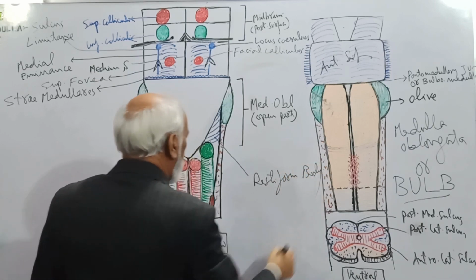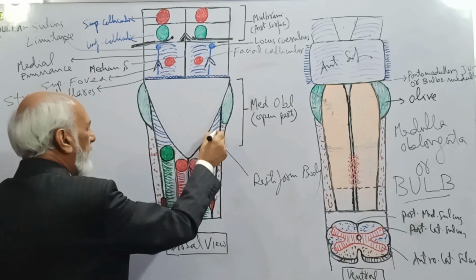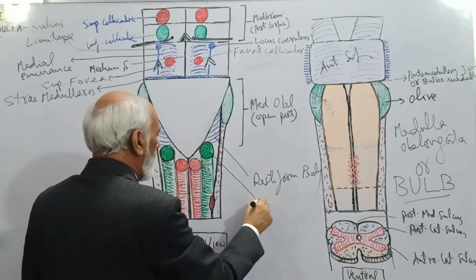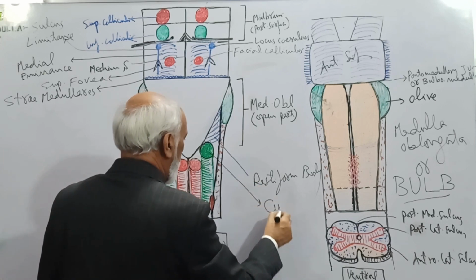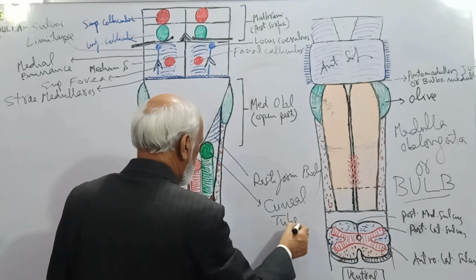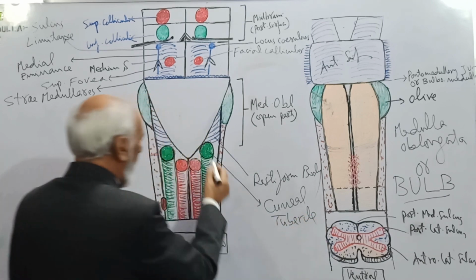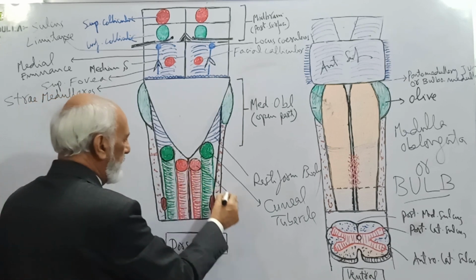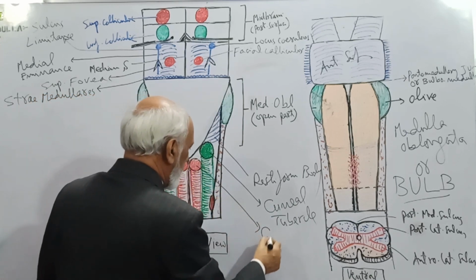It is the other name for the inferior cerebellar peduncle. Then this rounded elevation laterally located is known as the cuneate tubercle. And still below and medial to it, another tubercle known as the gracile tubercle.